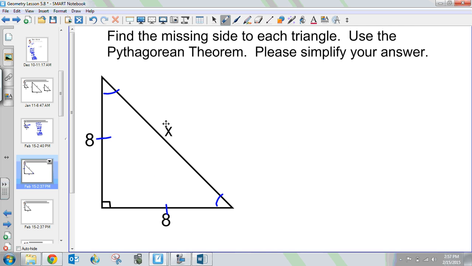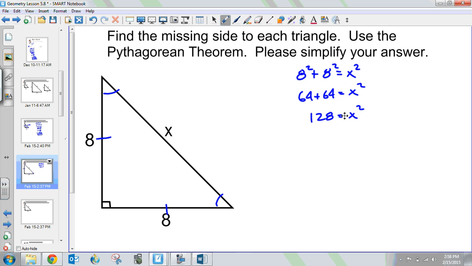So let's apply the Pythagorean theorem and solve for x. 8 squared plus 8 squared is equal to x squared. 8 squared gives me 64, plus 64 is equal to x squared. Combining those, I get 128 is equal to x squared.